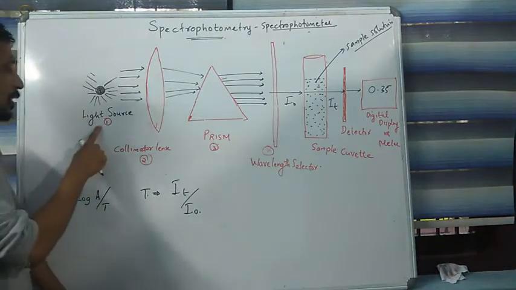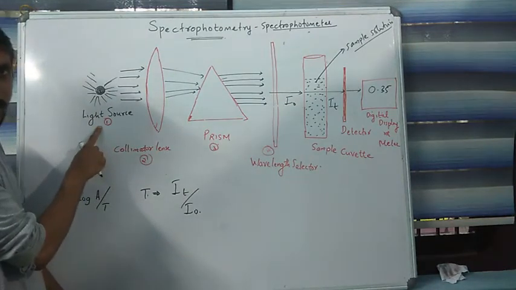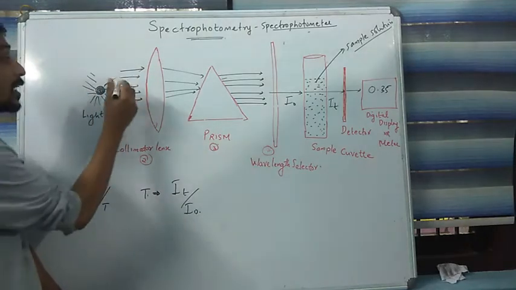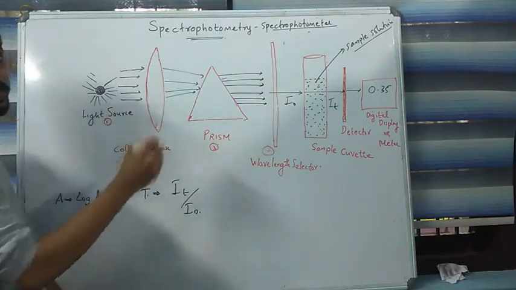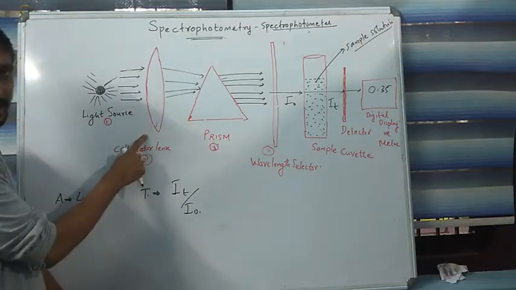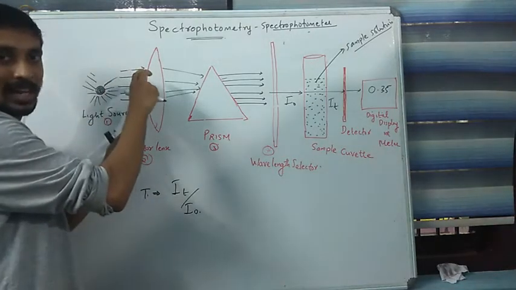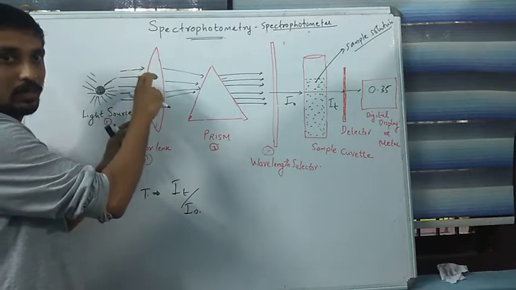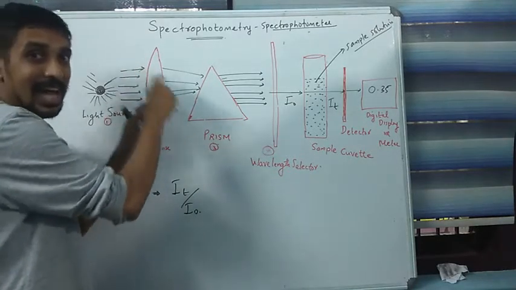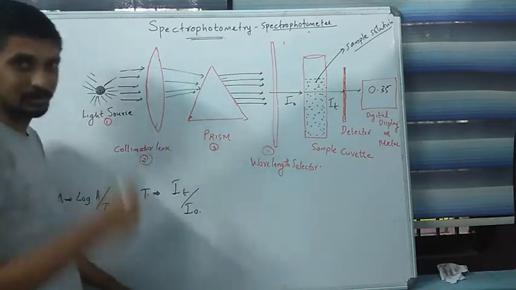First, the light source. The main function of the light source is to generate light with different wavelengths. You can see here light with different wavelengths. The second one, the collimator lens, receives all the light with different wavelengths and directs that light into the prism.